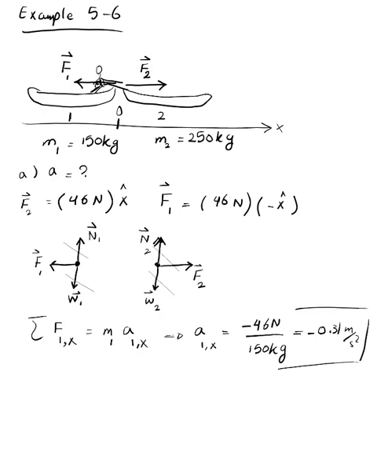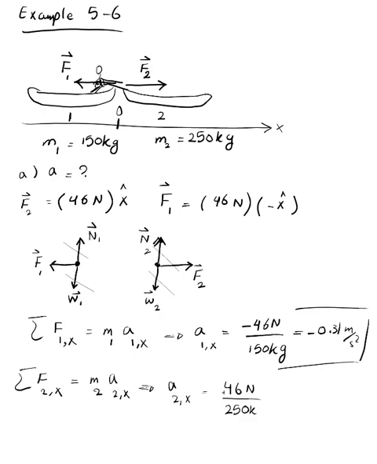For canoe number 2, I can write the same thing: the sum of F in the x direction is m2 times a2 in the x direction. So I can find the acceleration of canoe number 2 to be 46 newtons, positive, divided by 250 kilograms.